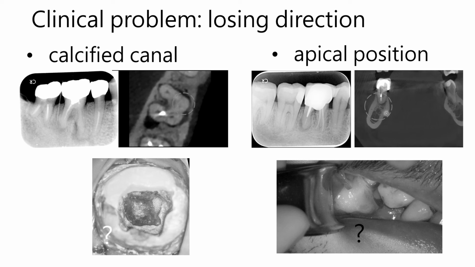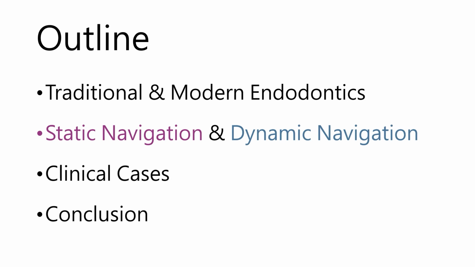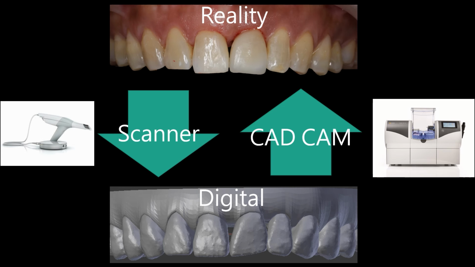If you want to do surgery, of course we can consider replantation. But if we have a very thick buccal bone, we reflect the flap and cannot find the root. What can we do? So we go into static navigation and dynamic navigation technology.